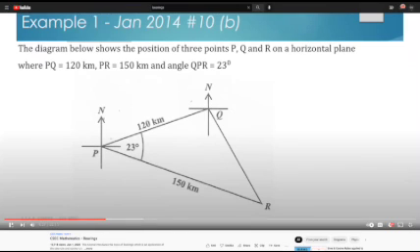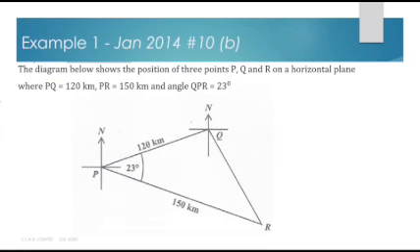A past paper question, January 2014, number 10, part B. The diagram below shows the position of 3 points P, Q, and R on a horizontal plane, that just means a flat surface, where PQ is equal to 120 kilometers, as shown on the diagram from P to Q. Then we have PR equal to 150 kilometers and angle QPR equal to 23 degrees.